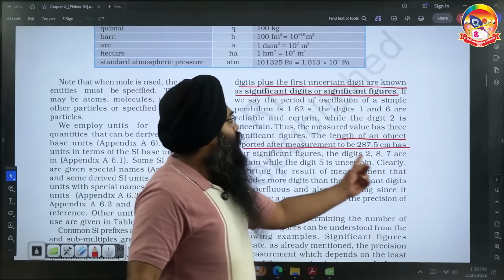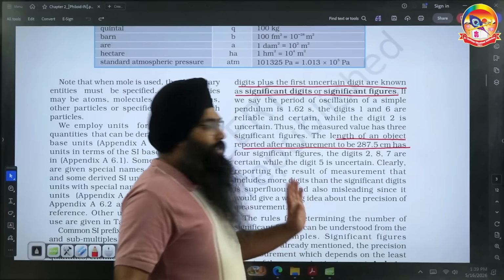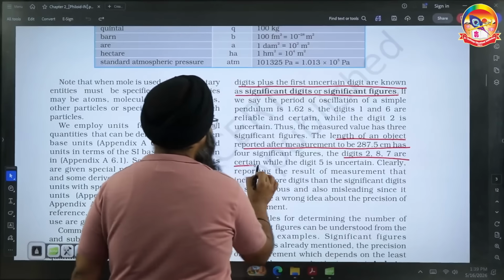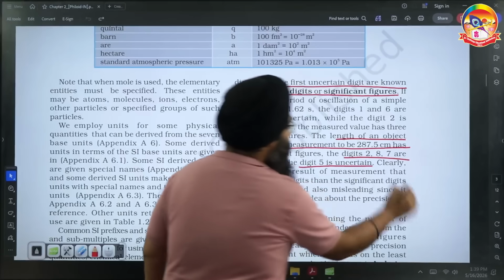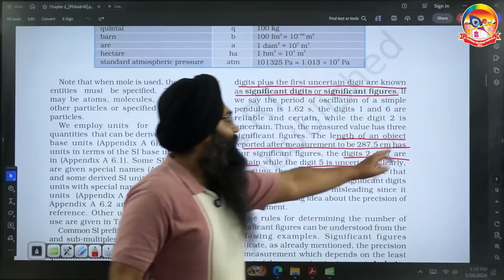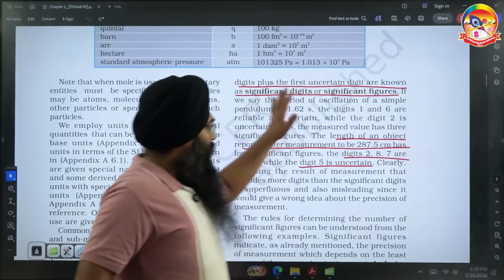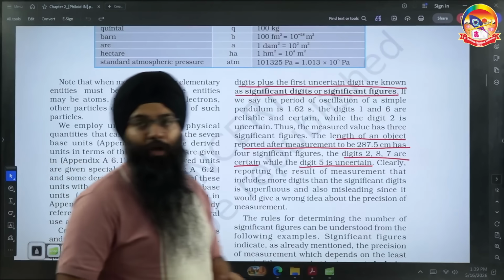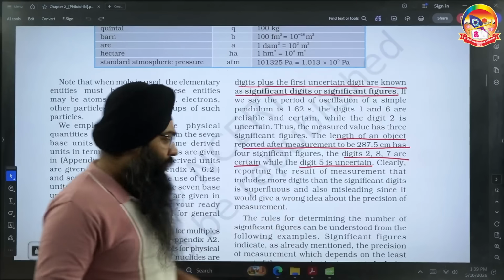Out of these, 2, 8 and 7 are the reliable digits, the certain digits. It is written here that digits 2, 8, 7 are certain, while the digit 5 is uncertain. All this collection will be called the concept of significant digits. I hope this is clear to you. Let's move to the next concept.